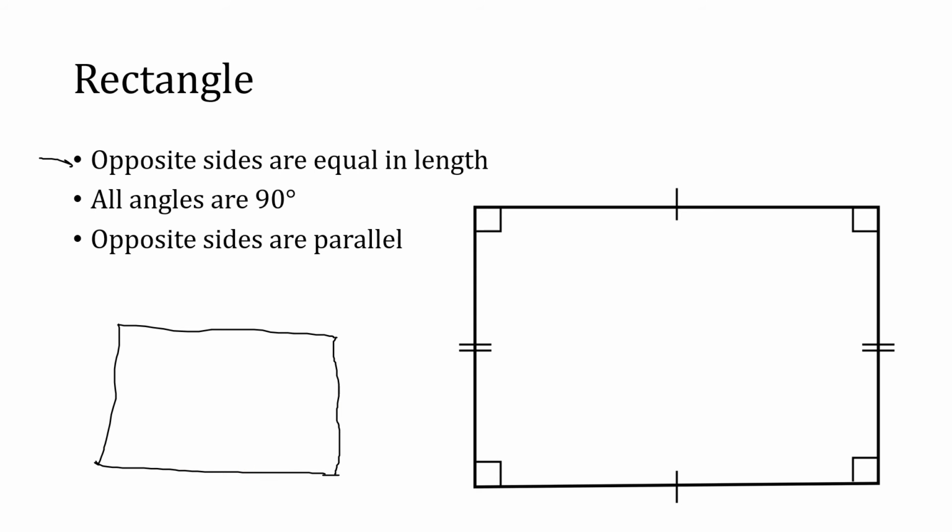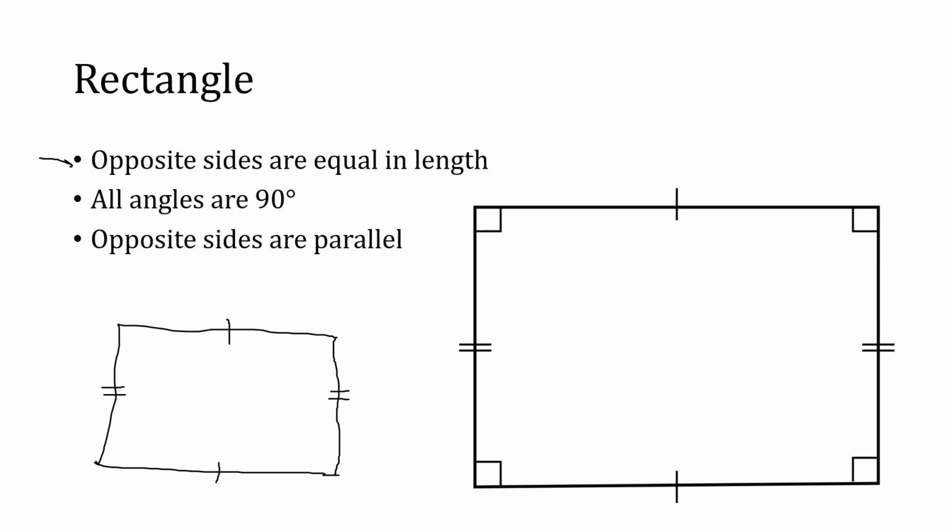So if I want to communicate that the top and bottom are equal in length, I'll put a tick mark through the top and a tick mark through the bottom. That tells us the top and bottom are supposed to be equal in length. As for the left and right, it doesn't look like they're the same length, so I'll put two tick marks here and two tick marks here. I could have done two tick marks through the top and bottom and one on the left and right.